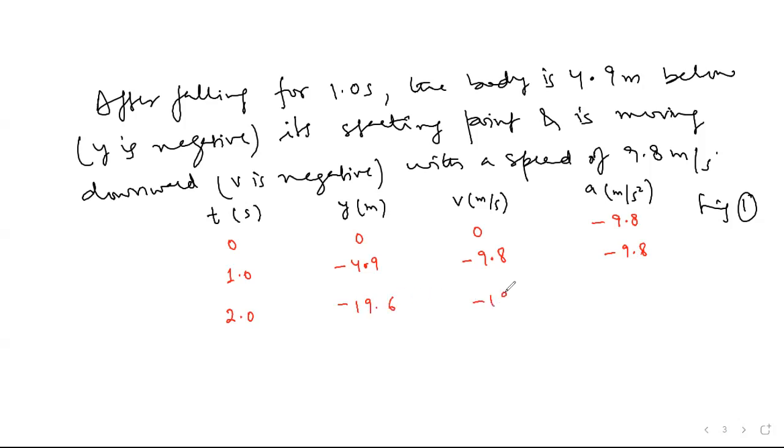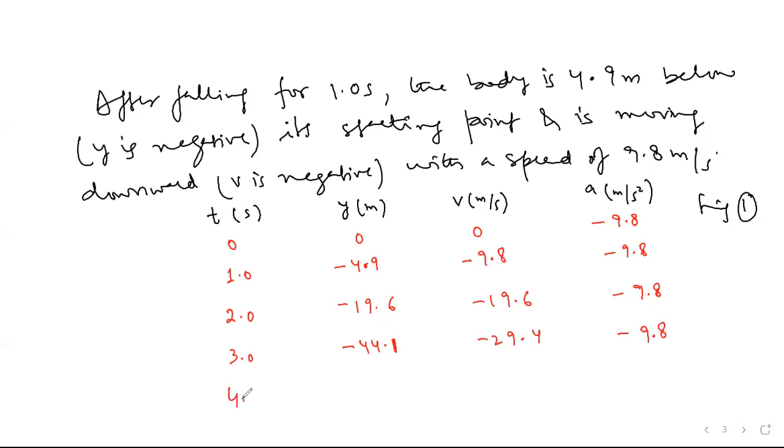Velocity is minus 19.6 meter per second, but acceleration is same, minus 9.8. When you solve for t is equal to 3 seconds, it is minus 44.1 position, and the velocity is minus 29.4. Acceleration is same, minus 9.8.